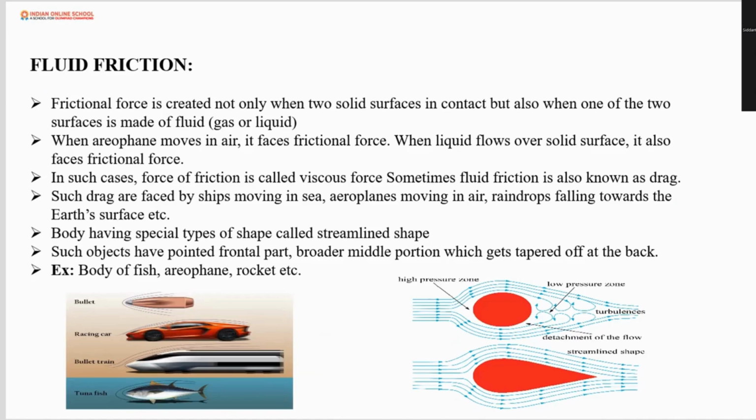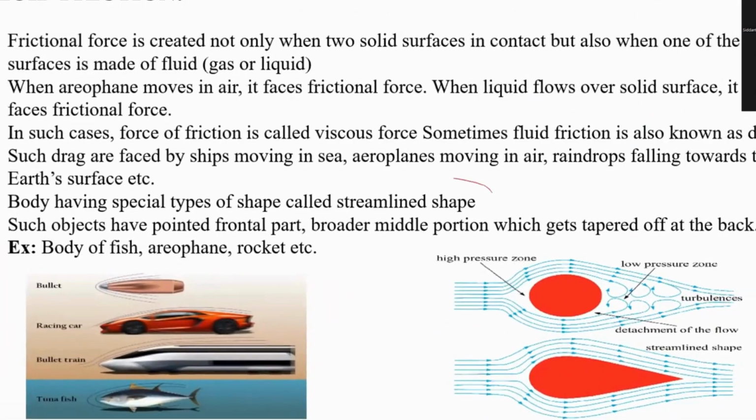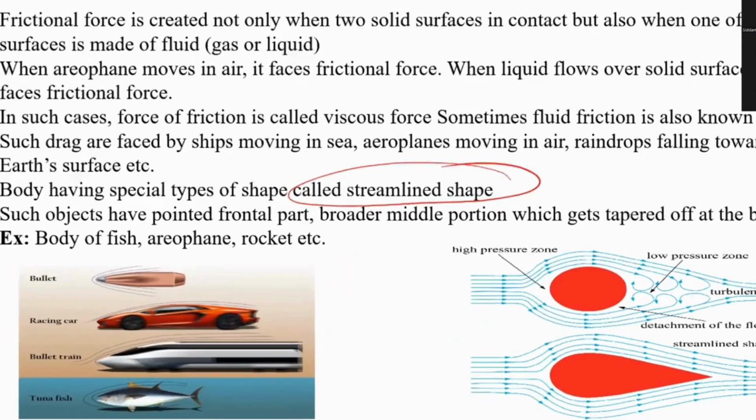Got it? So, have you seen the shape of the aeroplane, the shape of the fishes, the birds? You see the streamlined shape. What does streamlined mean? Bullet trains also, right? So what happens in a streamlined shape?